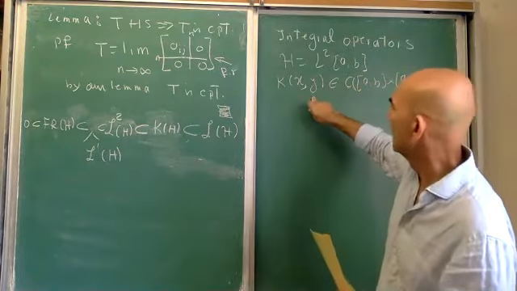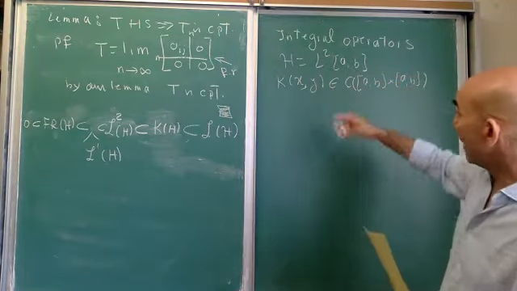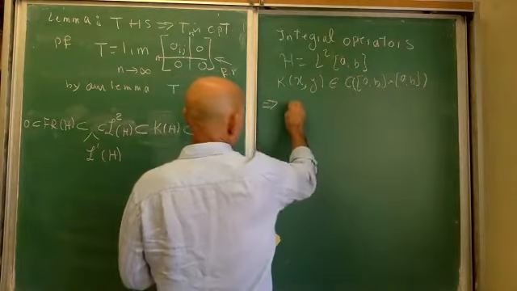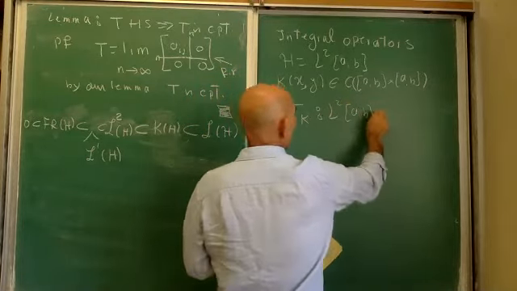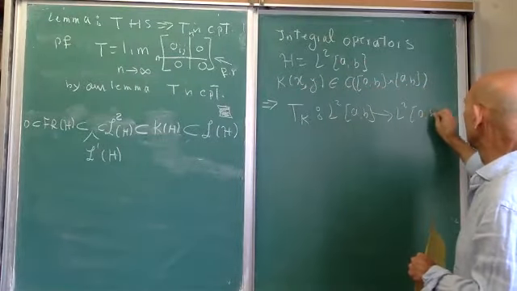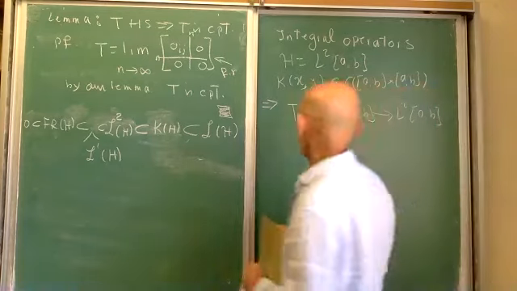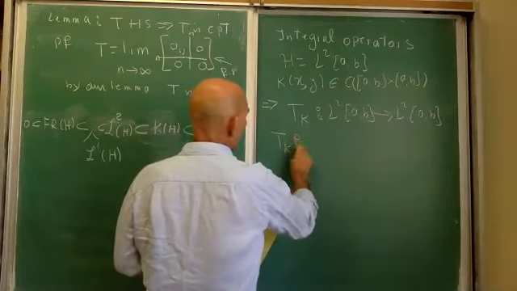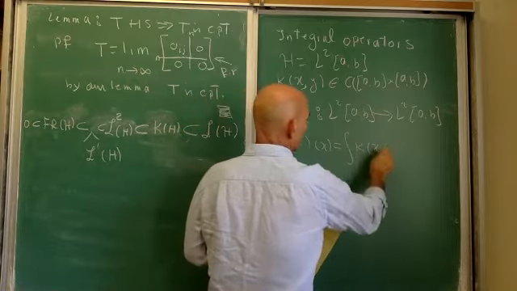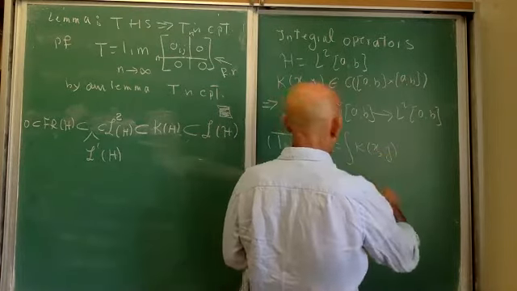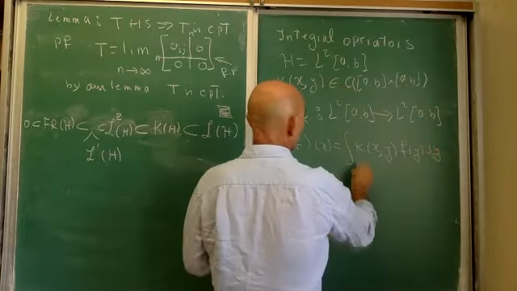So it's just a continuous function of two variables, each variable in the interval A and B. Then this defines an operator T_K from L2 of AB to L2 of AB, the integral operator defined by this kernel: T_K f at x is equal to the integral from A to B of K of x, y, f of y dy.